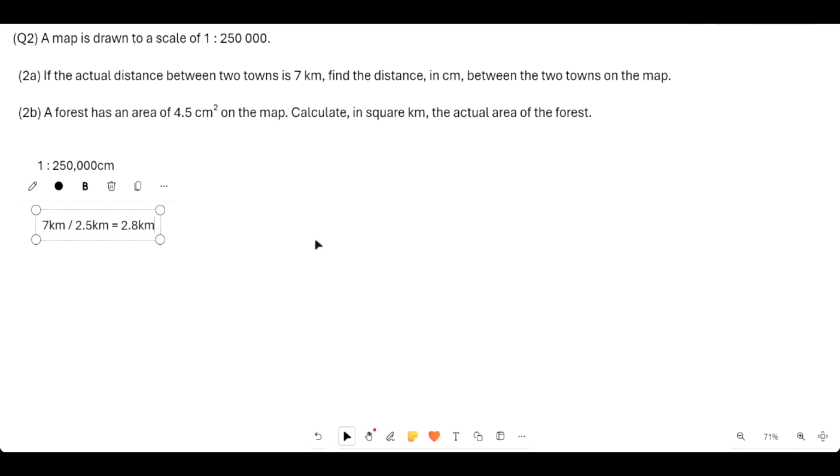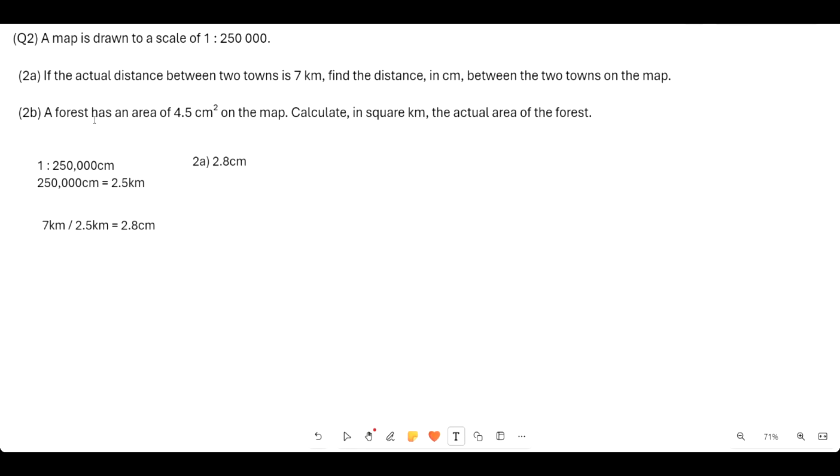Here it is km, but our answer, since it's on the map, is in cm. So our answer for 2a is 2.8 cm. This is the distance between the two towns on the map.